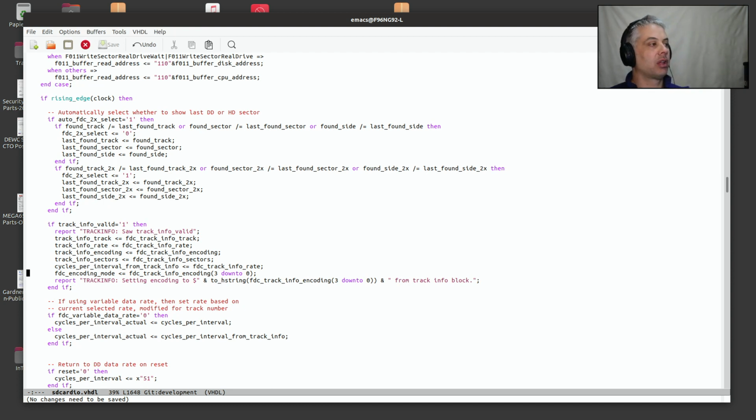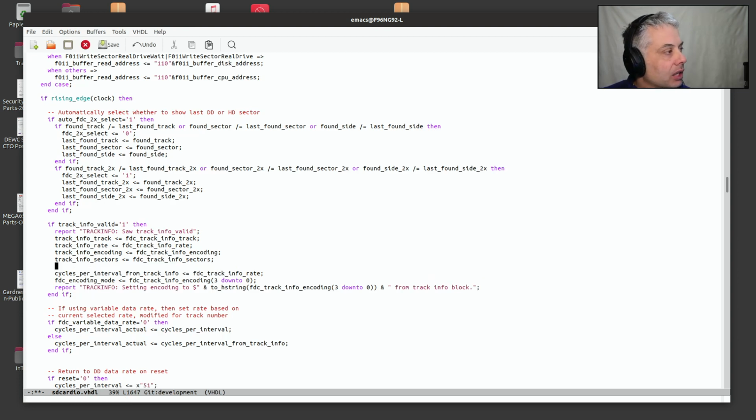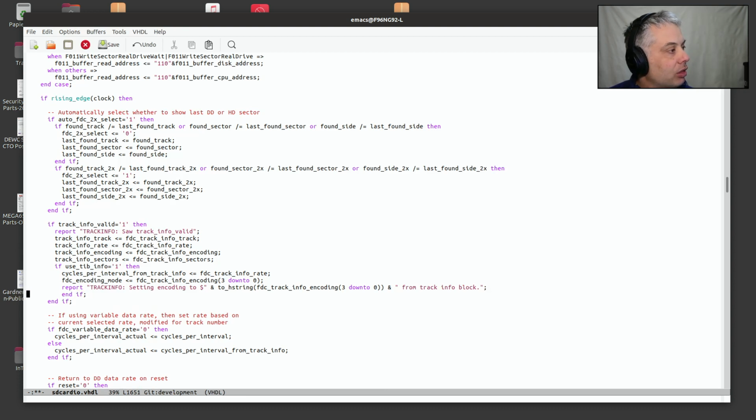Now there's a thing that we need to do here, which is actually we need a flag to say whether we want to honor the TIB info. So if use TIB info, we always record the info, but it's a question of whether we want to set the encoding and everything automatically on it.